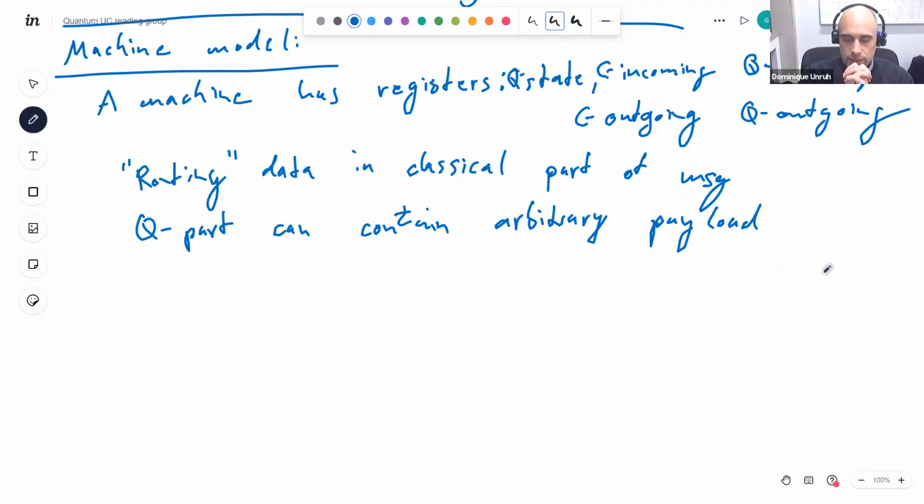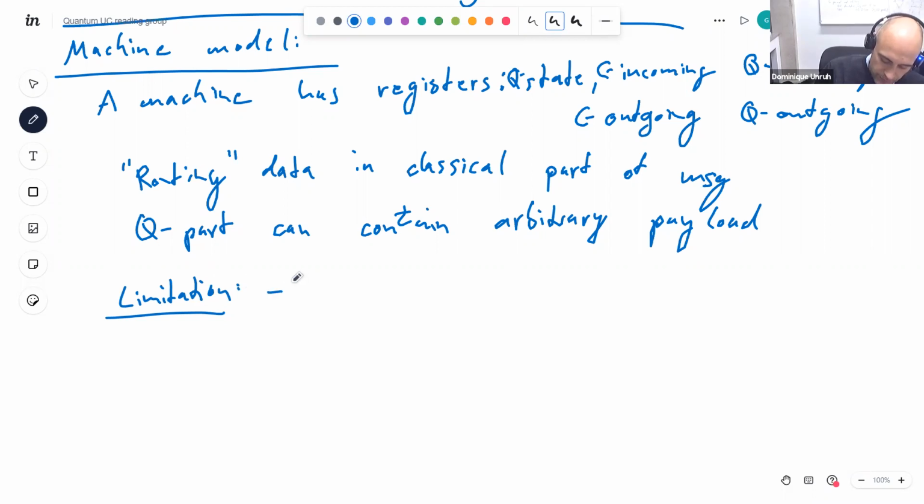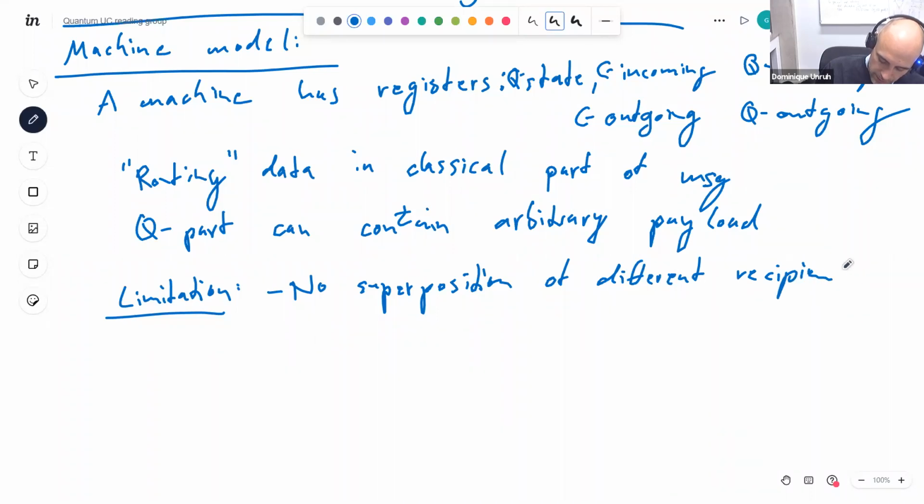Okay, it's a good question. So maybe I should add one limitation here. It's not a limitation that has to hold in principle, but I don't know if anyone has investigated quantum UC without this limitation. So we have no superposition of different recipients, because we put the recipient in the classical outgoing part.